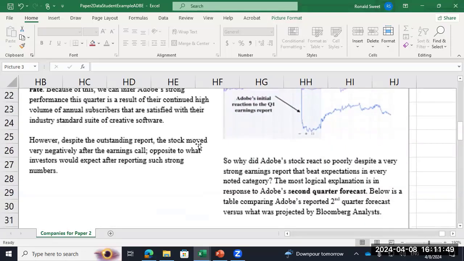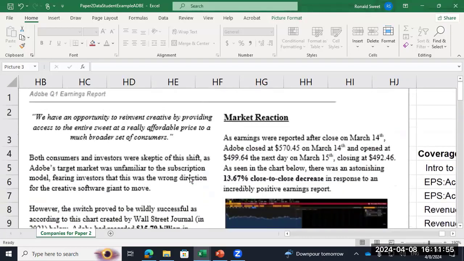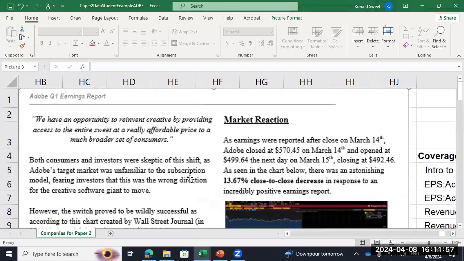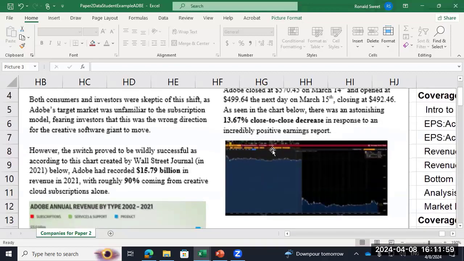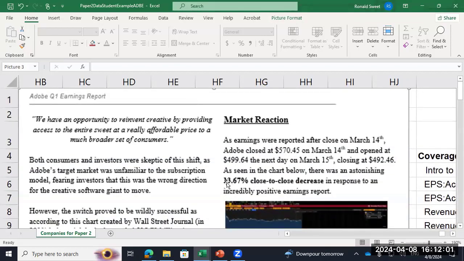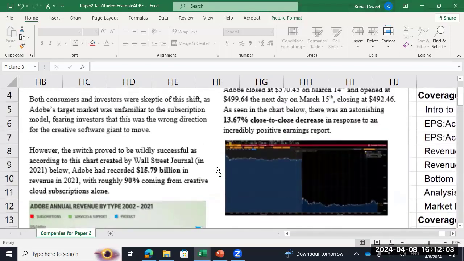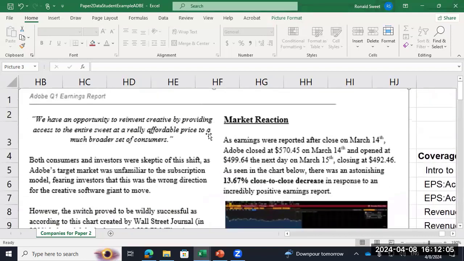However, despite the outstanding report, the stock moved very negatively after the earnings call, not what investors would expect after reporting such strong numbers. So now he's got to explain that. So the stock was down 13.67%. So I need to see at least the closing price of the stock and at least a graphic of what the stock did.